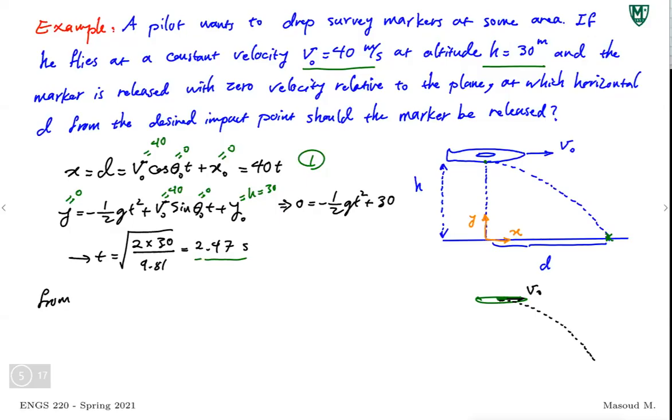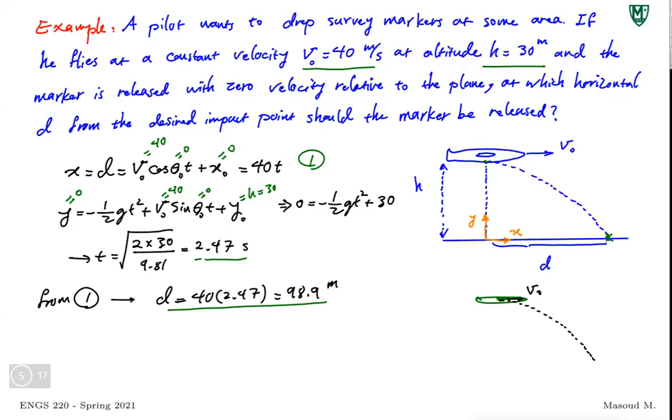So from 1, you'll get d as 40 times 2.47. That number, at least what I have, is 98.9 meters. Here's what you get.